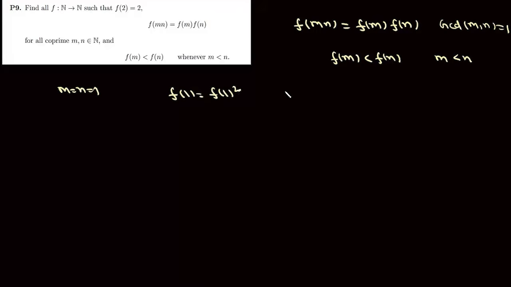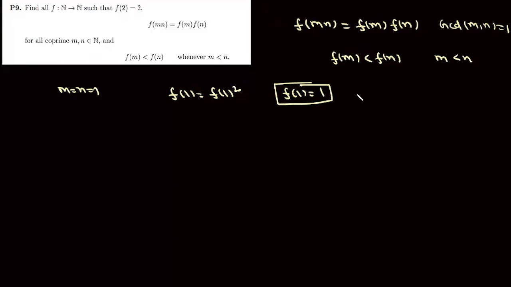So that means GCD of m, n should be 1, and f(m) is always less than f(n) whenever m is less than n. Now, if we put m and n both as 1, then we'll get f(1) equals f(1) squared. So either f(1) is 0 or f(1) is 1. And since the codomain is natural numbers, it cannot be 0. So f(1) is 1.